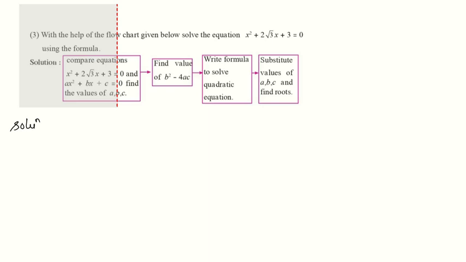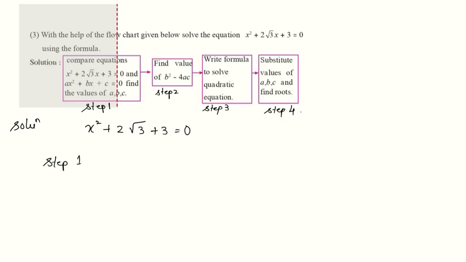Step 1, the given equation is x square plus 2 root 3 x plus 3 is equal to 0, and in the flowchart you will see compare equation this and this, find values of a, b and c. So this is step 1. Here I will write step 1, step 2, step 3 and step 4.